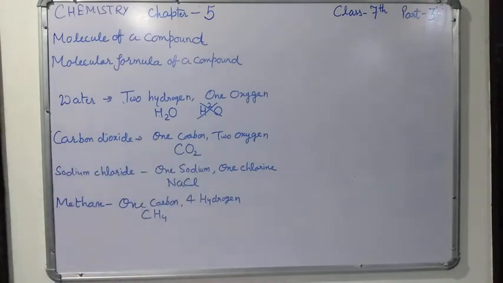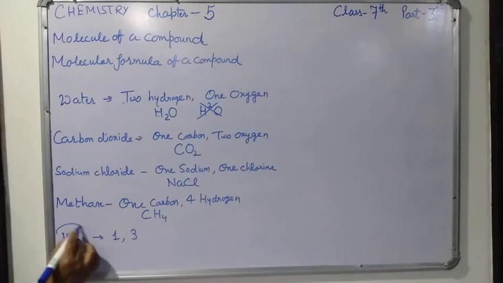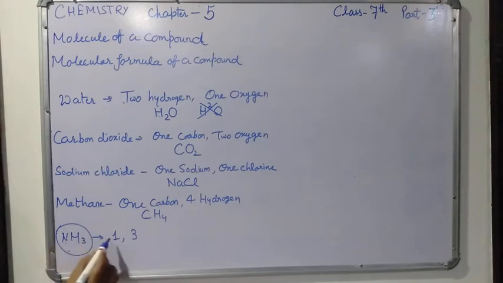Next one is ammonia. I am just writing the formula, and by seeing the formula you can write the constituent elements also: 1 nitrogen and 3 hydrogen. This is the number of atoms of each element in one molecule. In this one molecule of ammonia, one atom of nitrogen is present and 3 atoms of hydrogen are present.